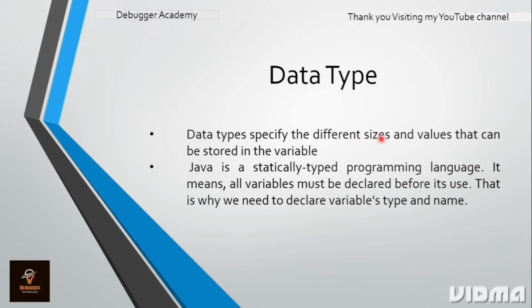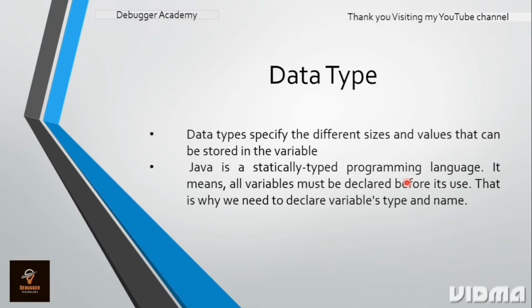Furthermore, we come across two types of programming languages. First is the statically typed language, and second is the dynamically typed language. The major difference: in a statically typed language, each variable and expression type is already known at compile time.